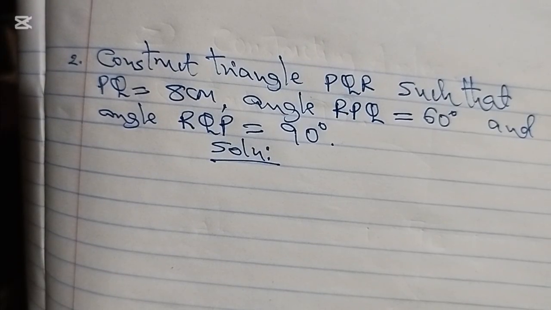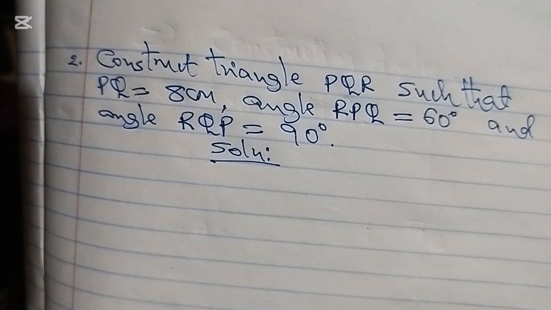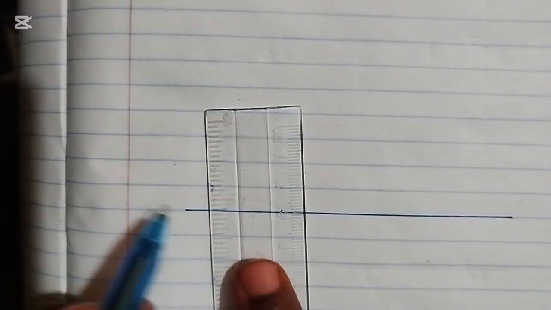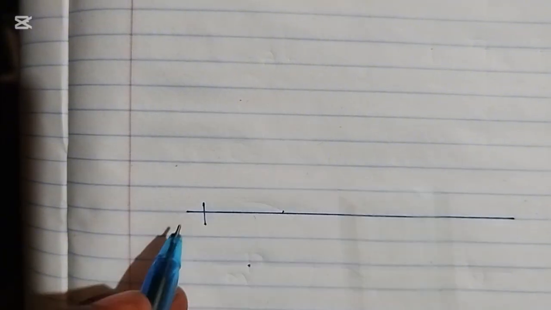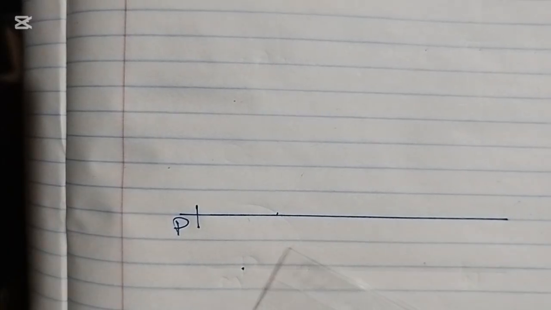Let me have it down here. That is our line. At the starting point here, I can label it P. But I know P to Q should be 8 centimeters, so I have to measure 8 centimeters using a compass and a ruler.